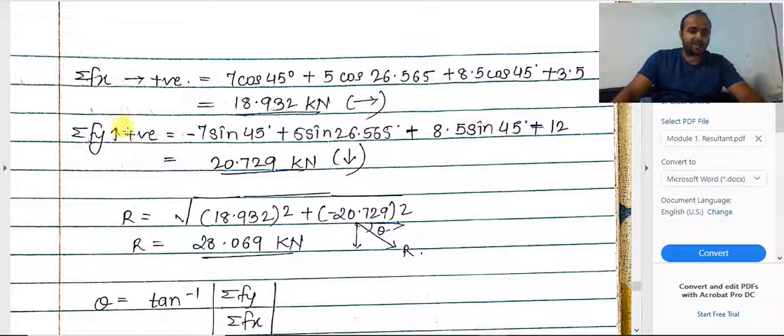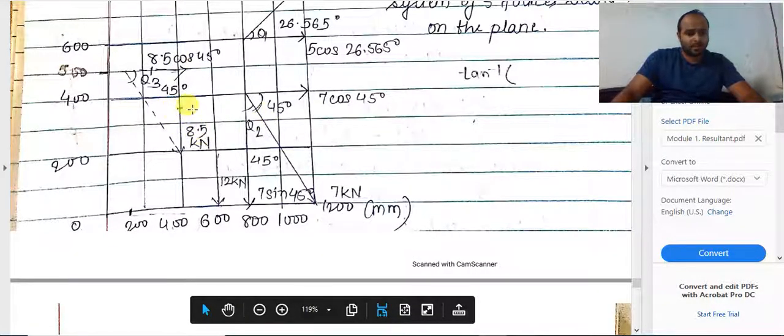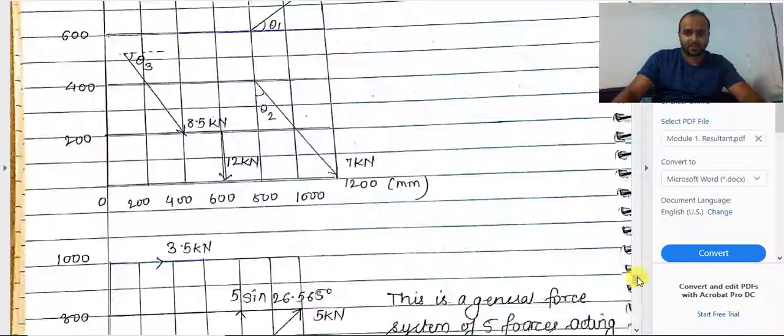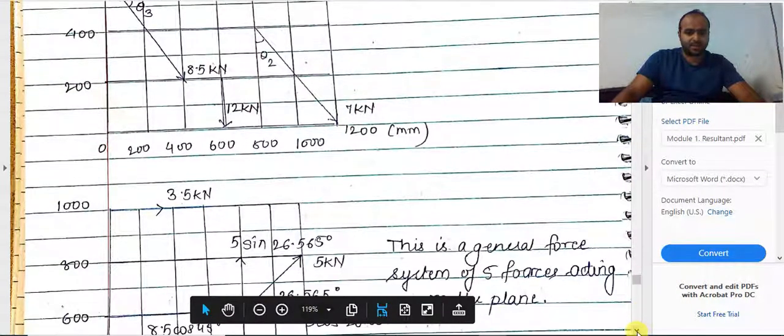Summation Fy, acting in upward sense, is positive. That will be minus 8.5 sine 45 over here, minus 12, minus 7 sine 45, and last but not the least plus 5 sine of 26.565.